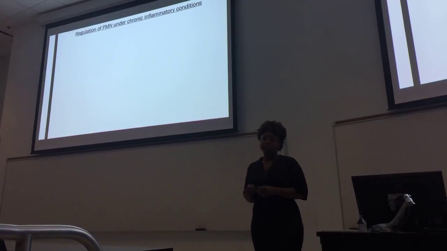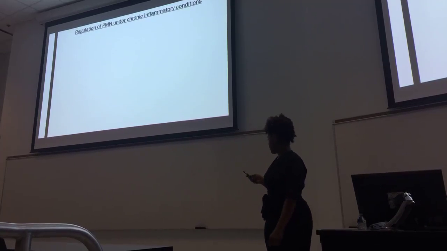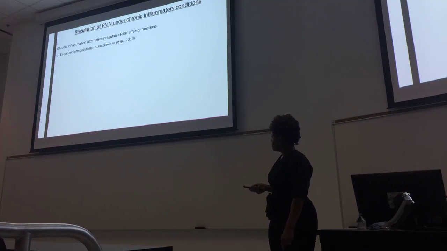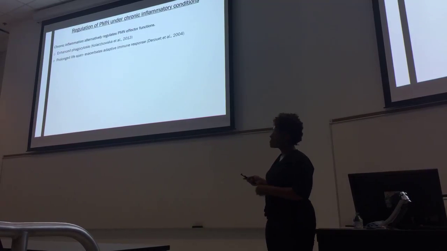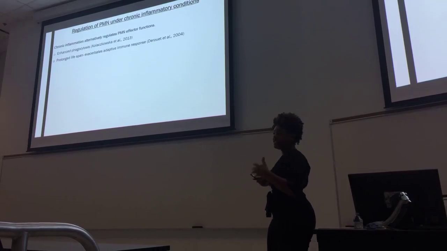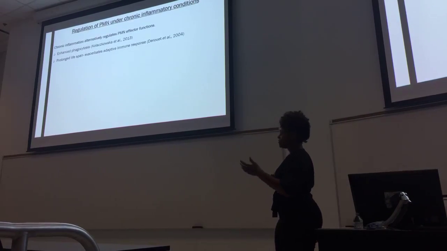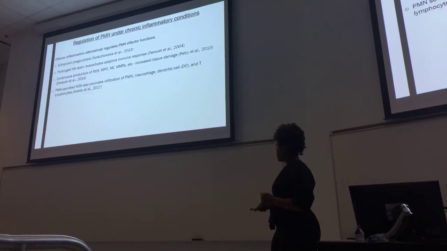PMN have also been shown to be regulated alternatively under chronic inflammatory conditions. Studies show that PMN demonstrate enhanced phagocytosis and prolonged lifespan, which leads to an exacerbated immune response, because remember, again, their death and their clearance is needed to move into that resolution phase. There is continuous production of these cytotoxic enzymes, which further contribute to tissue damage.